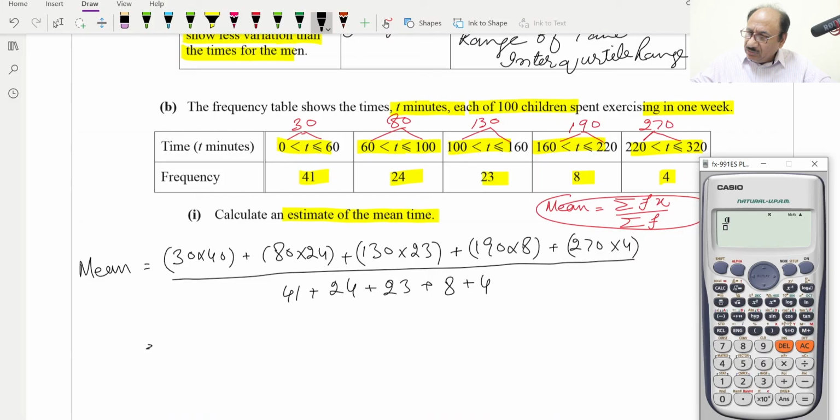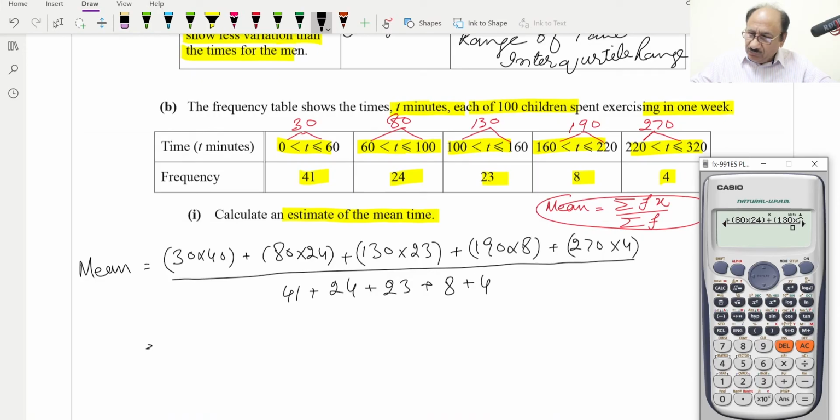It will be 30 multiplied by 40, plus 80 multiplied by 24 in brackets, plus 130 multiplied by 23 in brackets, then plus 190 multiplied by 8 in brackets, then plus 270 multiplied by 4.